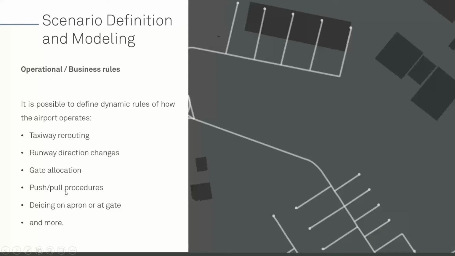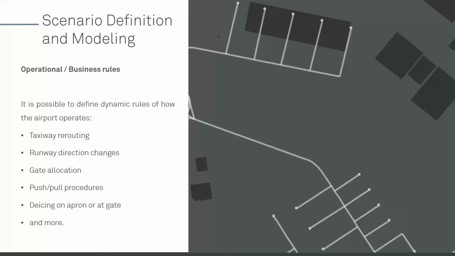Push and pull procedures. So if you have some pockets in your apron layouts, then it's very likely that you have a push and pull procedure for aircraft pushing back. So that's also possible. You can specify the push and pull procedure for every parking position in your airport.